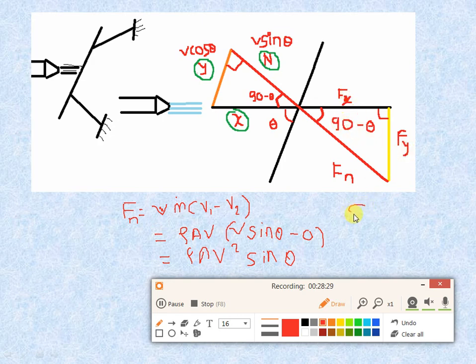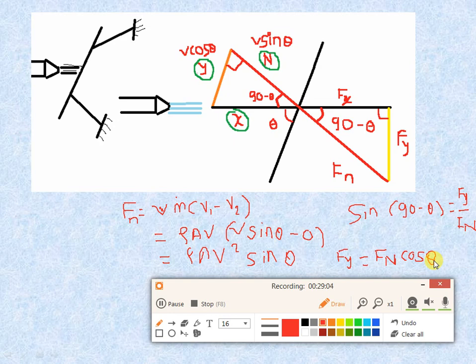So apply sine 90 minus theta for the force triangle. Sine 90 minus theta is nothing but front side, that is Fy, upon hypotenuse, which is Fn. So Fy is equal to Fn sine 90 minus theta, which is cos theta.